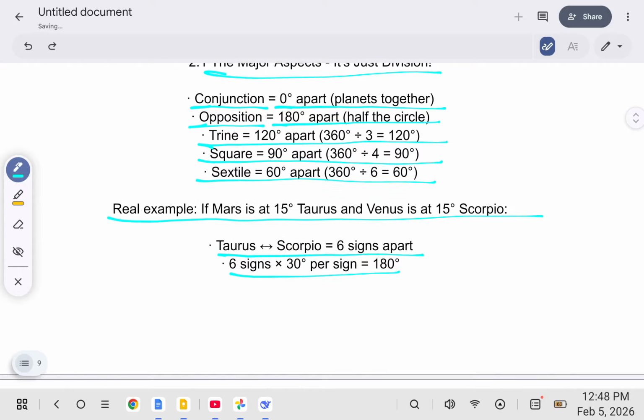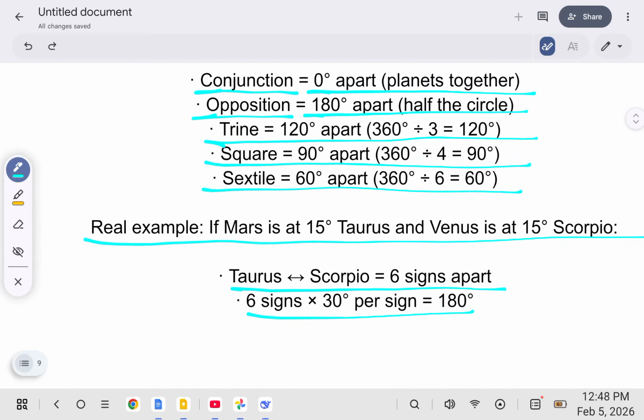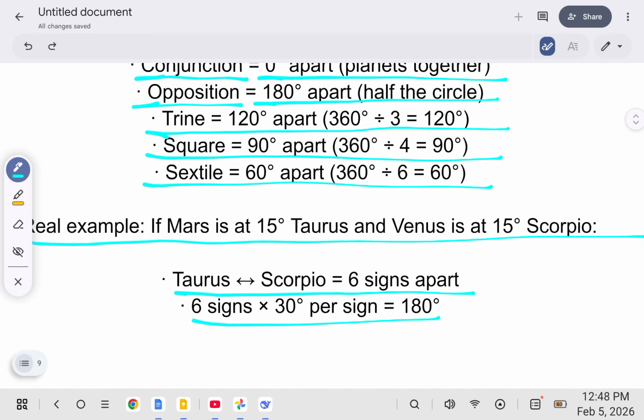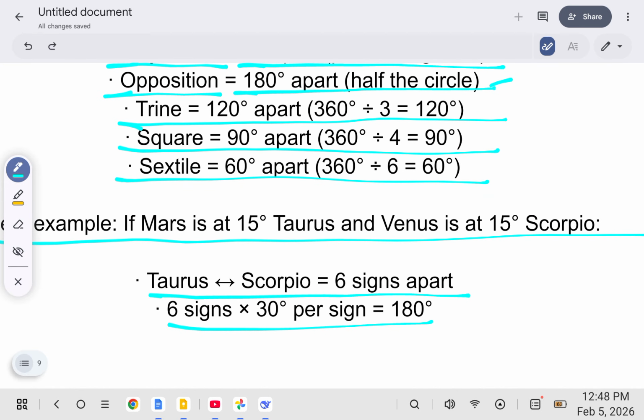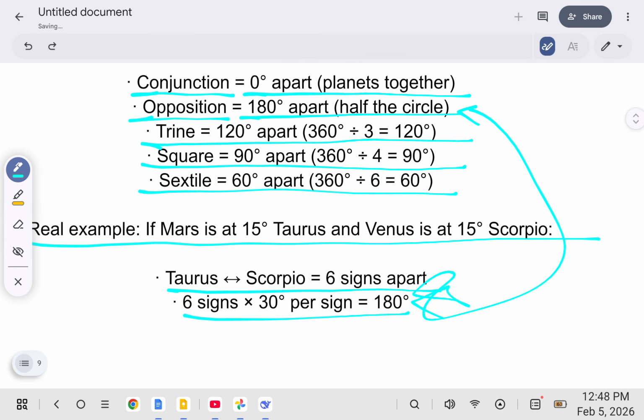Because why? Because they are 6 signs apart. Half the circle. Mars is at 15 degrees Taurus and Venus is at 15 degrees Scorpio.